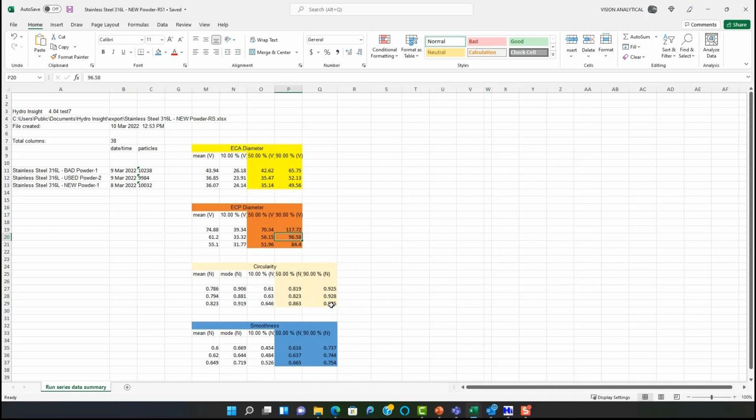So this is a good way to not only qualify with the graphs, but quantify the differences and set some pass-fail criteria. You can run a 3D print with these metal powders, and then with the spent sample, making sure you get a good representative sampling, run them on the Mastersizer with the Hydro Insight together, and establish some limits as to where you need to stop.